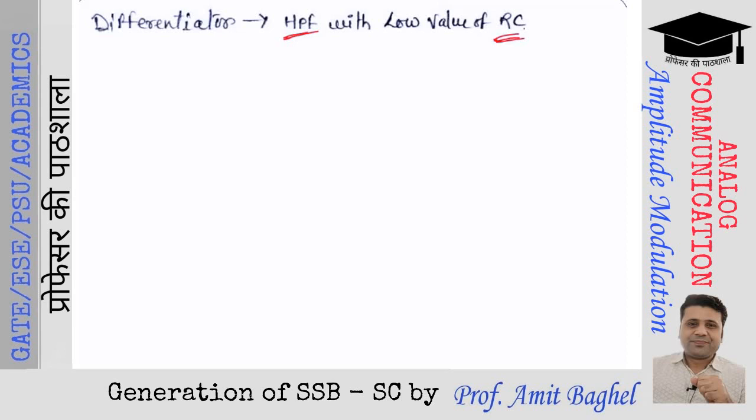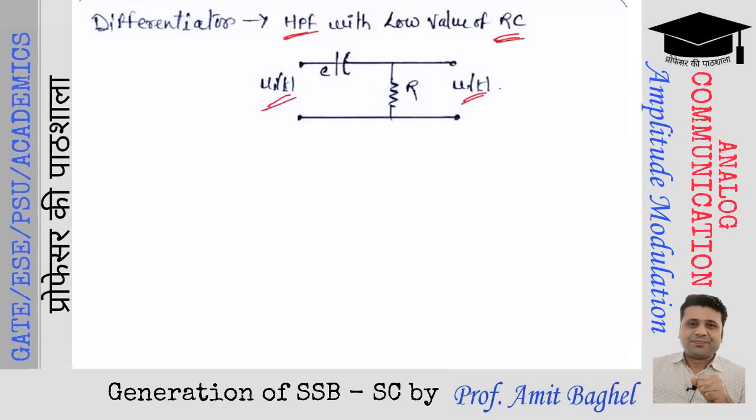Earlier, we collected the output at the capacitor. Now we are going to collect the output at the resistor. We do not use an inductor. So in the differentiator circuit, again we have two components R and C. We have input voltage Vi(t) and output voltage V0(t), and the output voltage will be the differentiation of the input voltage.